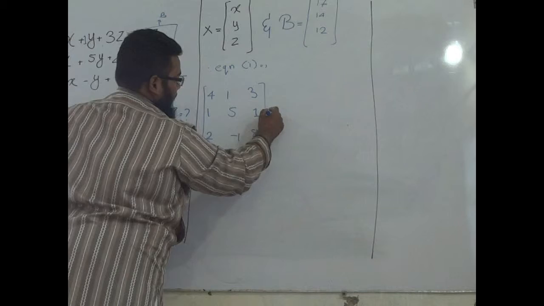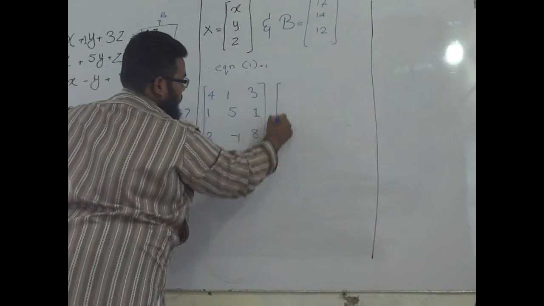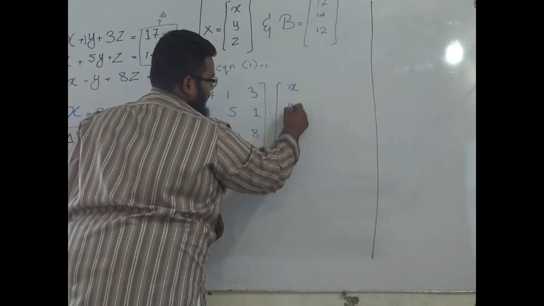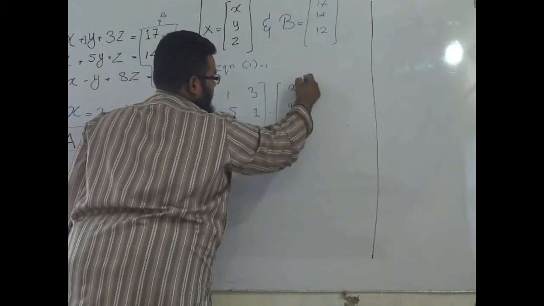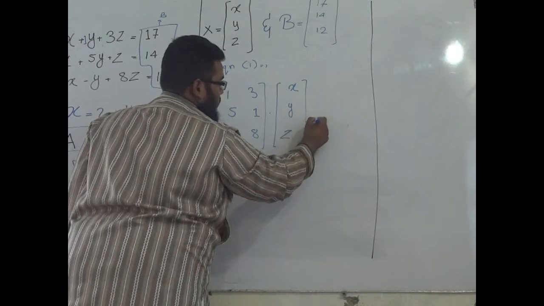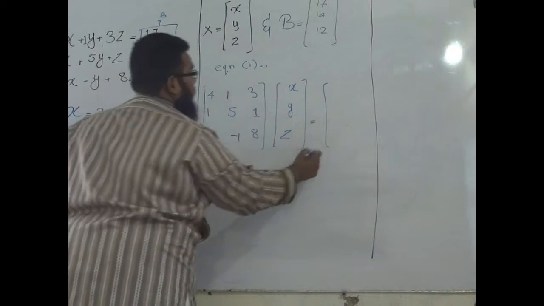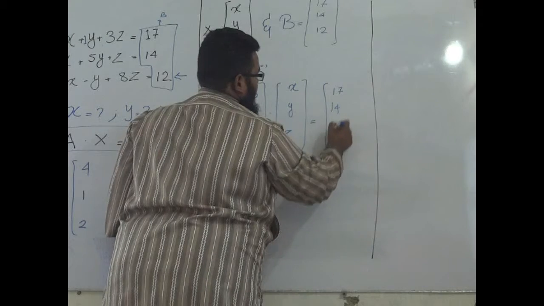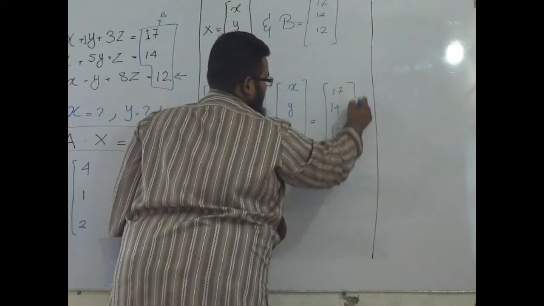This is A into x, [x, y, z], is equal to b, which is [17, 14, 12].